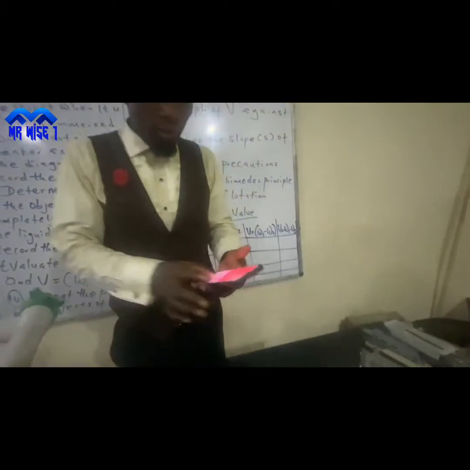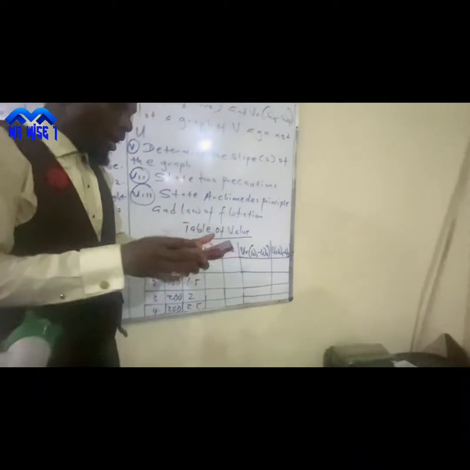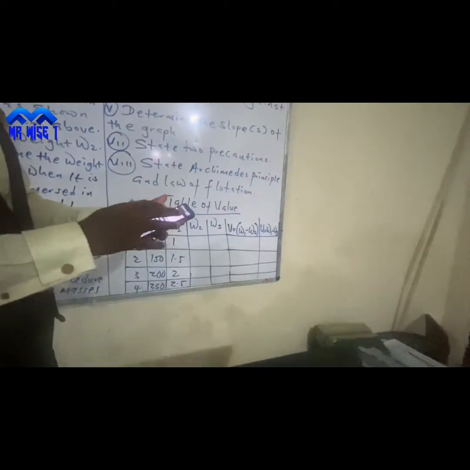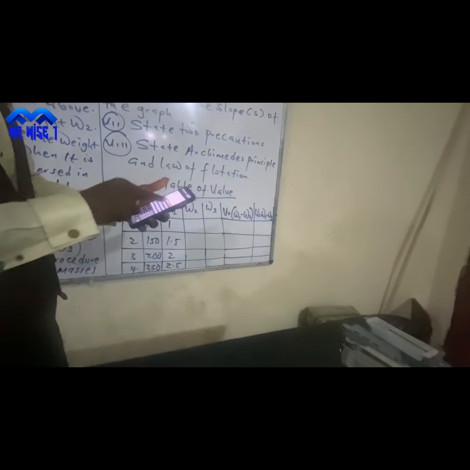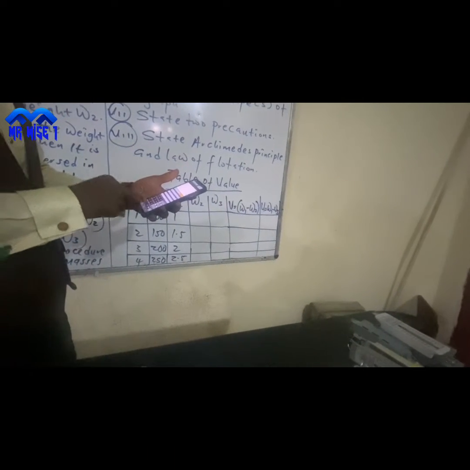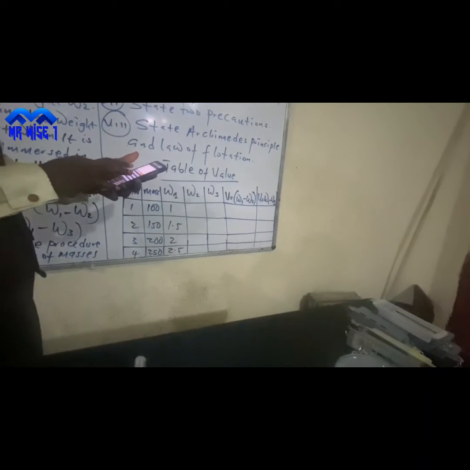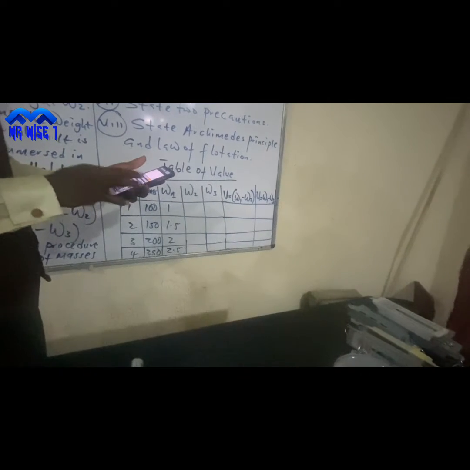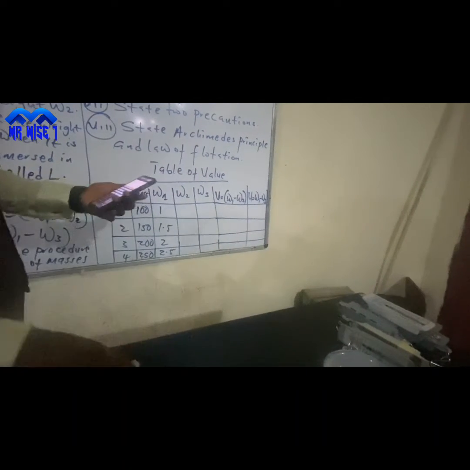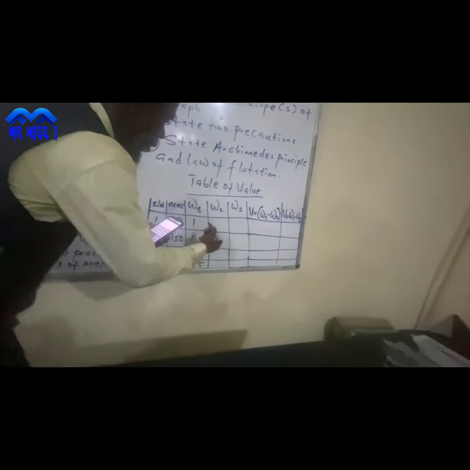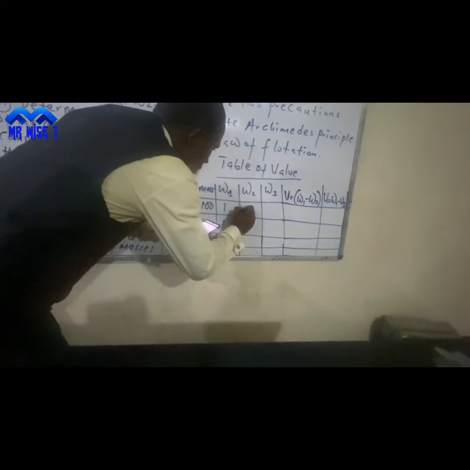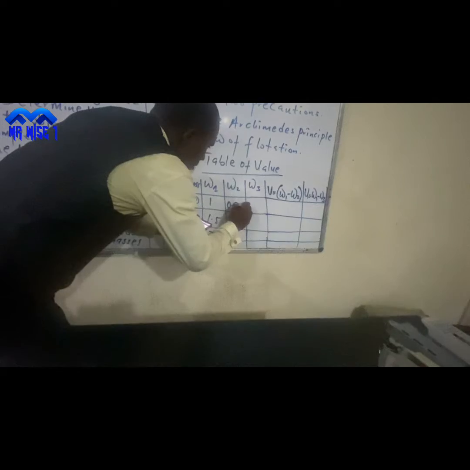So what am I going to do? I'll have my 85 divided by 1000, not 100. 85 divided by 1000, I have my 0.085. 0.085 times 10. So my weight in water for the first mass is 0.85.